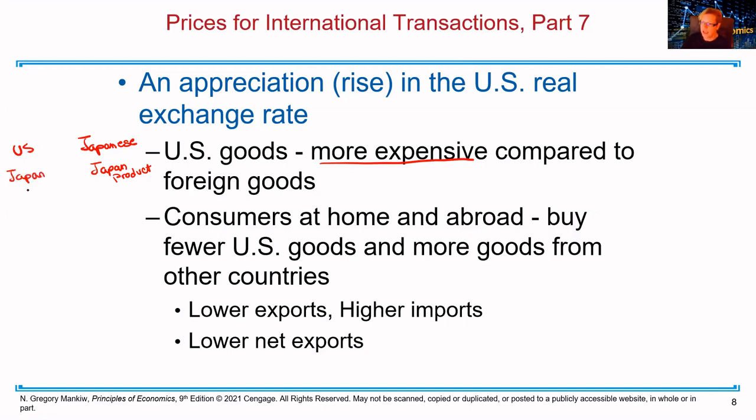We're going to demand more of them because they're less expensive, so we're going to want to import more. And so this is basically the net effect: lower exports, higher imports, lower net exports.